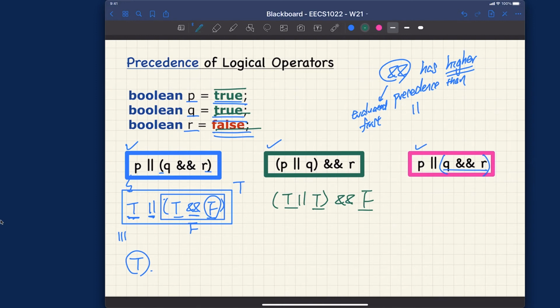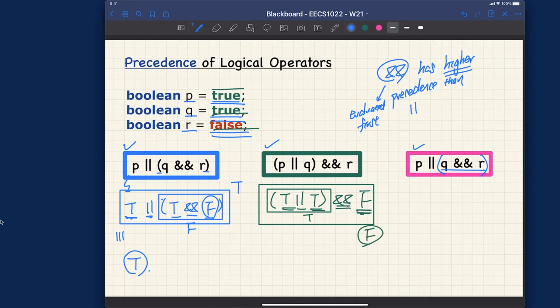Both operands of the disjunction are true, and as long as one of them is true, it will be true anyway, so this part is already true. But one of the operands for conjunction is false, so overall it is going to be false. So you can see we got different results: true versus false.